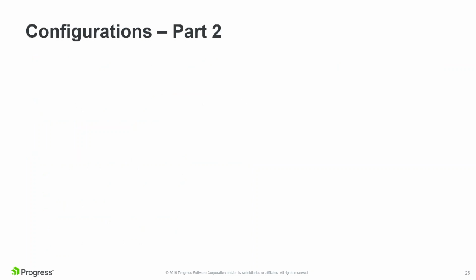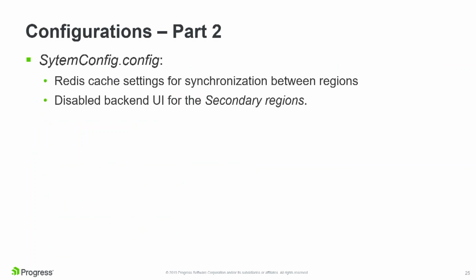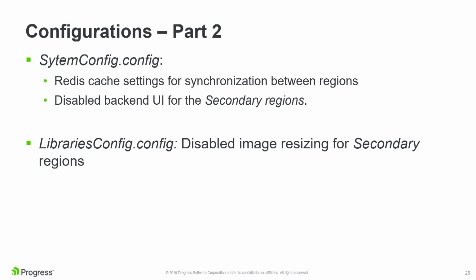The second portion of configuration that you need to consider is to configure the Redis cache system. You can do that in the system config, and you need to do that for the primary region and for the secondary regions as well. You need to disable the image resizing functionality for the secondary regions, and you can do so from the libraries config.